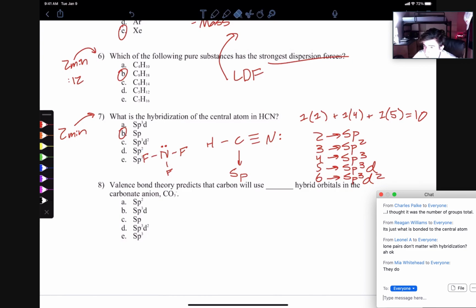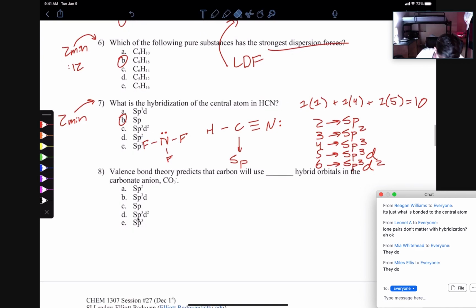Yeah. Okay, so just to double down on this one more time, you count the number of groups bonded to the central atom. So lone pairs plus atoms, okay? All right, so does anyone have any problems with 7 before I move on?